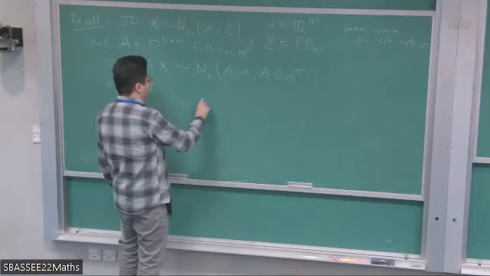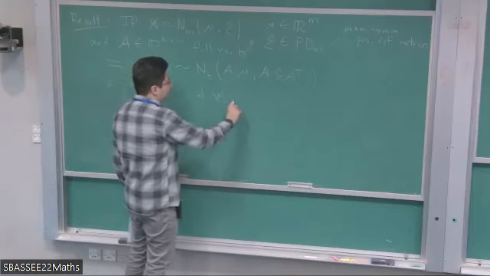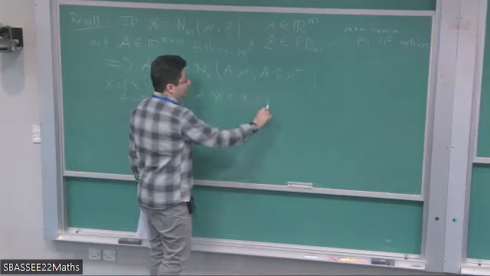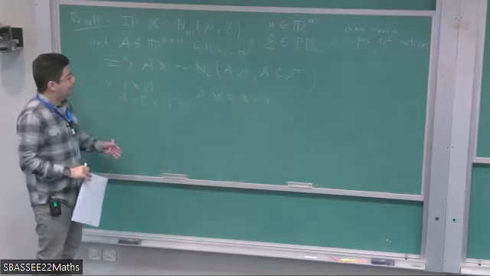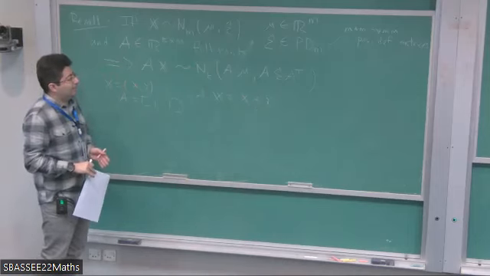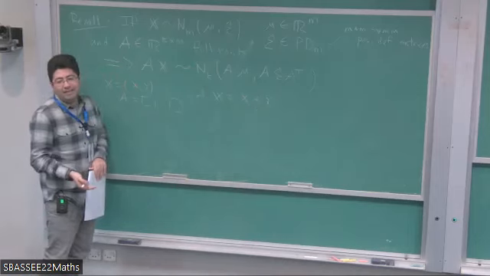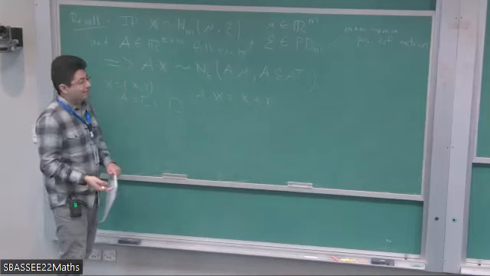Then A times X is simply X plus Y. So what this is telling us is that if you have two univariate Gaussians, X and Y, then the sum is again a Gaussian.